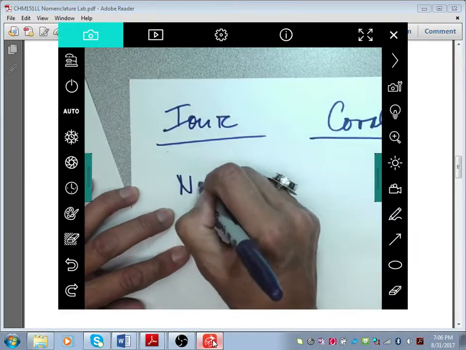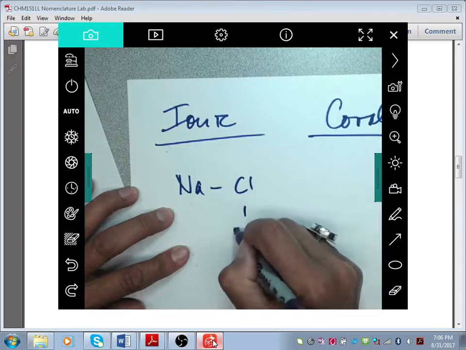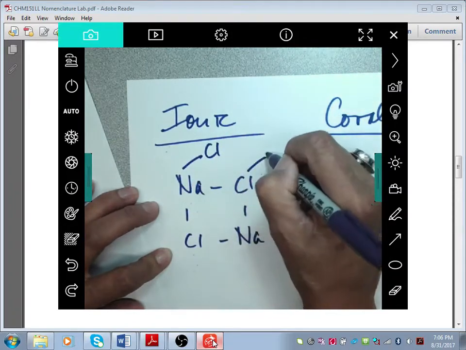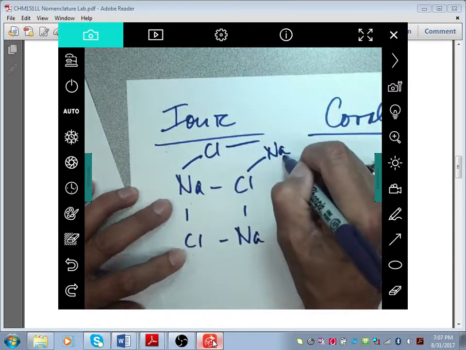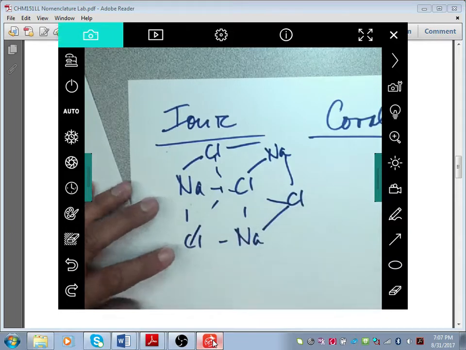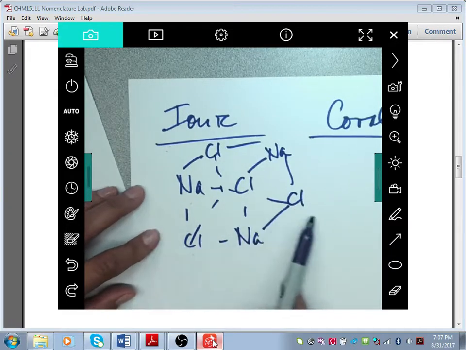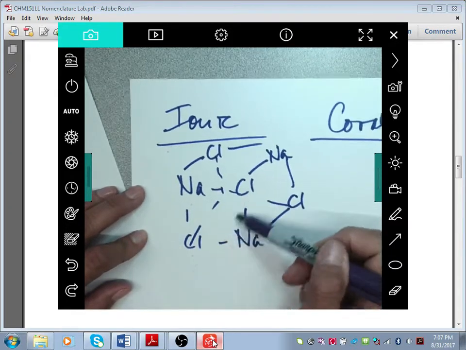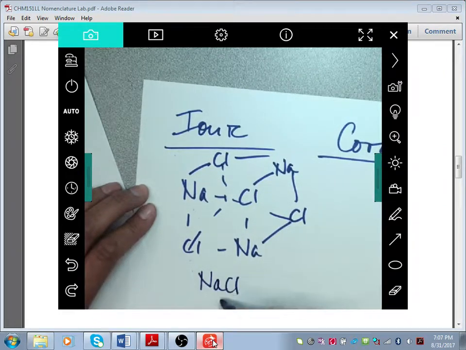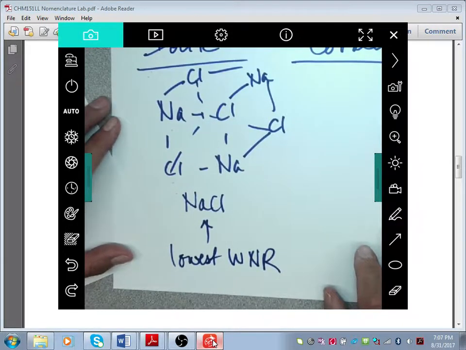Ionic compounds like sodium chloride are big, giant, repeating crystal structures with multiple units that add up to a compound. So we have lots of NaCl's this way, lots of NaCl's this way, and lots of NaCl's this way. We write it as sodium chloride because it's the lowest whole number ratio of atoms in the compound.